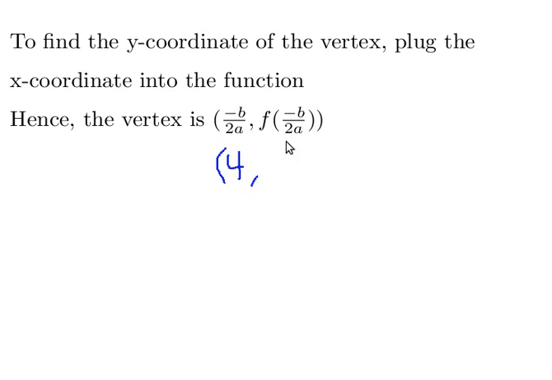And then f of negative b over 2a, that means we plug that back into the function, and it'll give us something like, I don't know, negative 3. I'm just making these numbers up. The point is that this is going to give you a pair of numbers. This should look familiar too, because it's in the concise info.